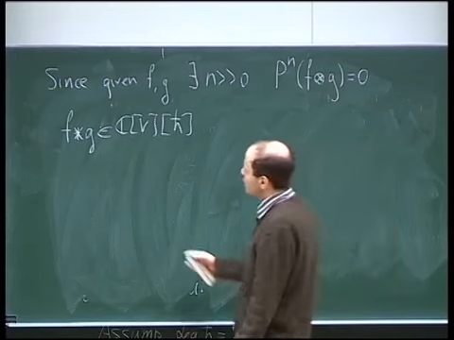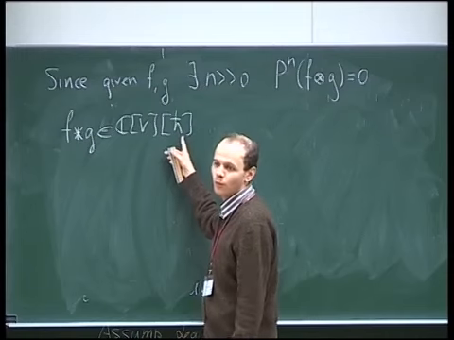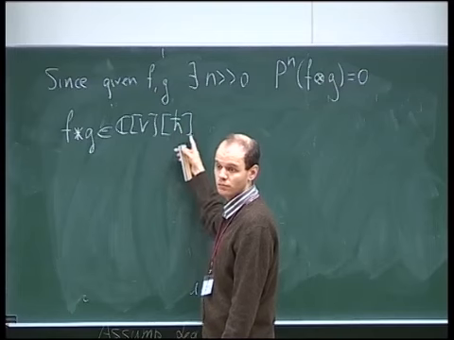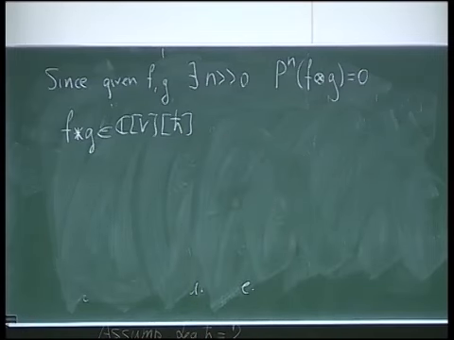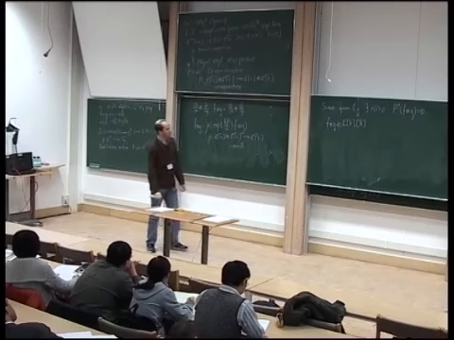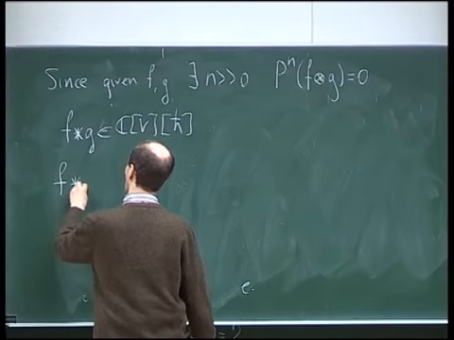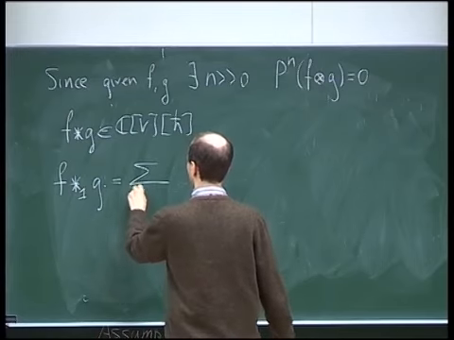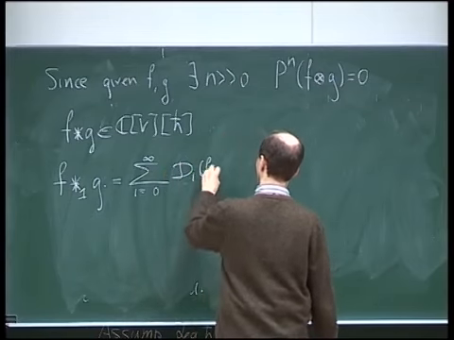And what we can do now is take some complex number and plug it in instead of the formal variable h bar. Well, I could take the Planck constant, but I'm not a physicist, so I would rather take 1. So we now define f star 1 g, by definition, as the sum from i equal to 0 to infinity of d^i (f times g).